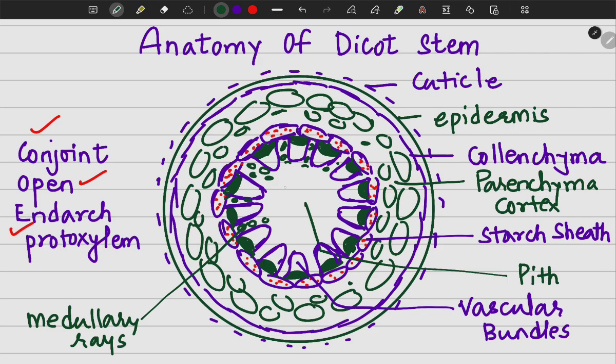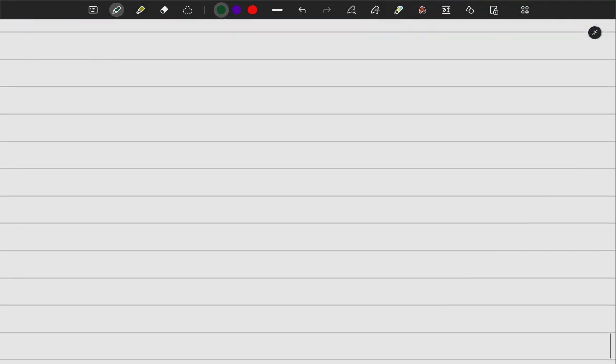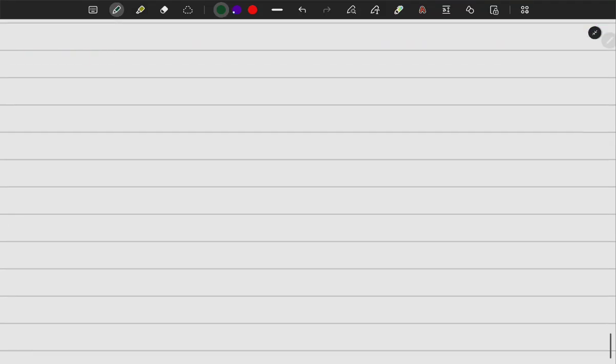The central portion is the pith with parenchyma cells having intercellular spaces, and the pith is large and well developed. Alright, so this covers the anatomy of dicot stem. Now let us look at the anatomy of a monocot stem. Alright, I hope this one is clear. So let us move on to the anatomy of monocot stem.